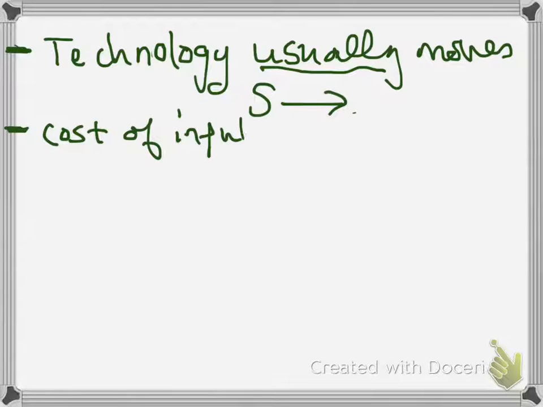That could be everything from raw materials to labor, electricity to run the equipment, fuel, even things like transportation.